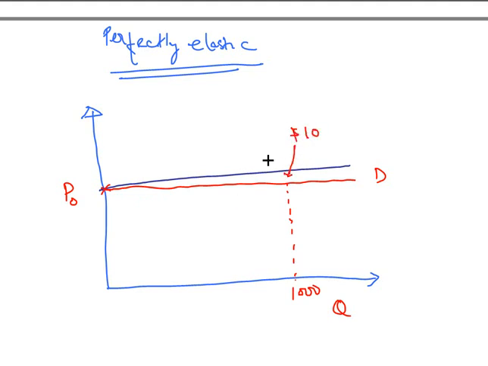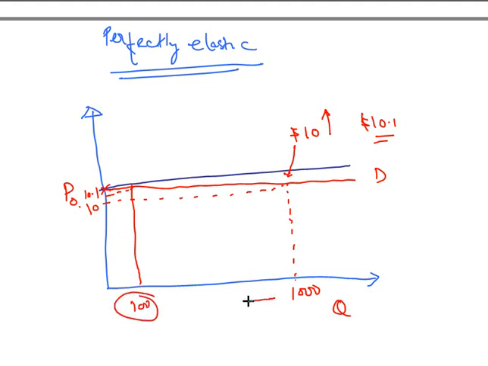If you decide to increase the price, even to $10.1, what will happen? We'll put a label: this is 10, and this is 10.1. The quantity demanded may be 100, so it decreases a lot, from 1000 to 100.